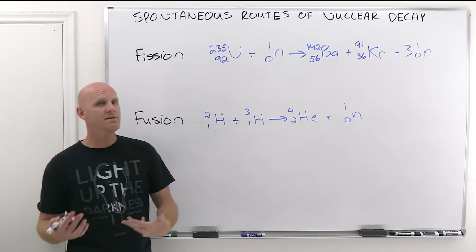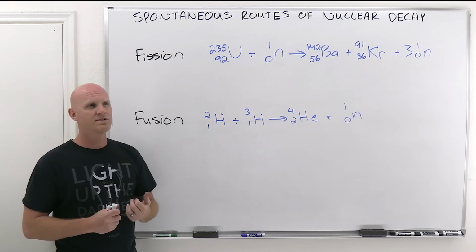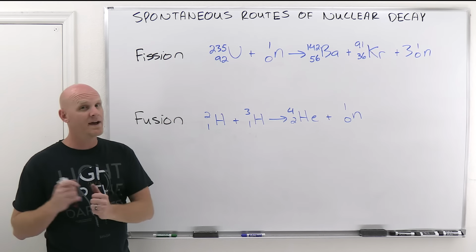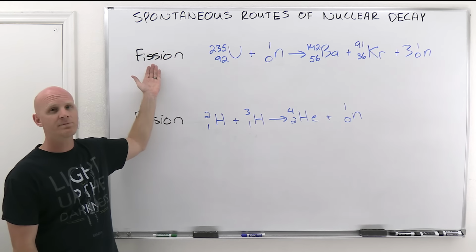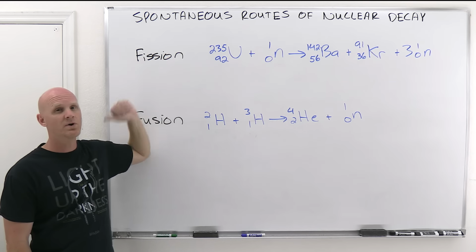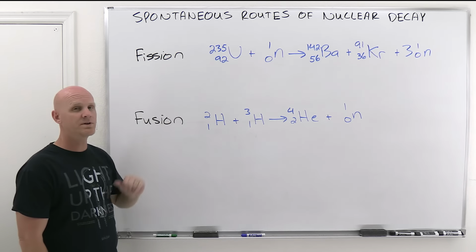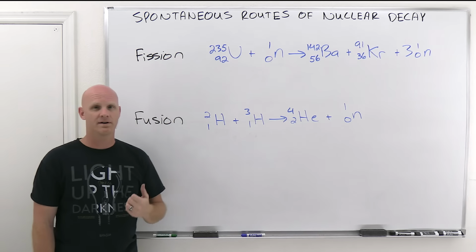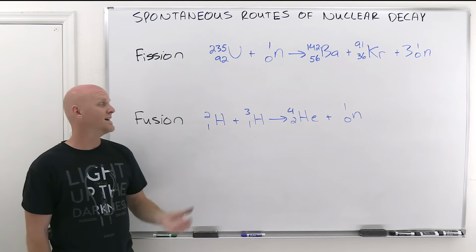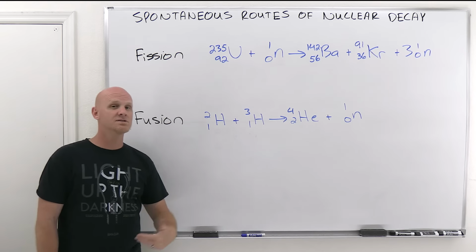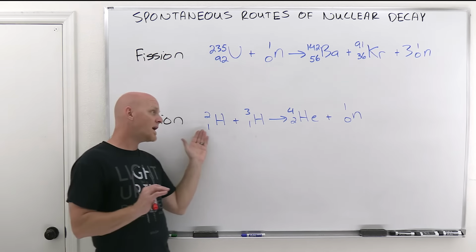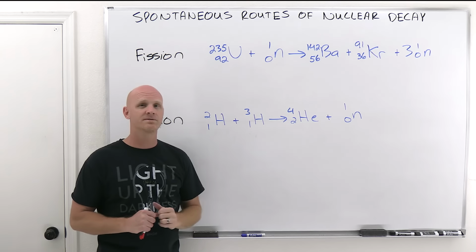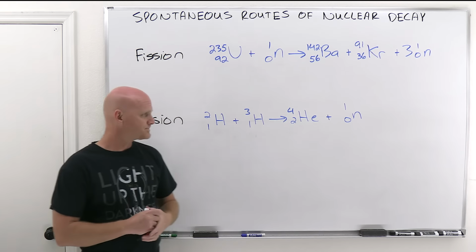If you're heavier than iron-56, then you're going to try and break apart so that you can get lighter. And so elements that have a mass number greater than 56 tend to undergo nuclear fission rather than nuclear fusion, if they're going to go one versus the other. On the other side, if you're lighter than a mass number of 56, you're much more likely to undergo nuclear fusion than nuclear fission so that you can combine to get heavier and get closer to 56. So that's kind of the idea.